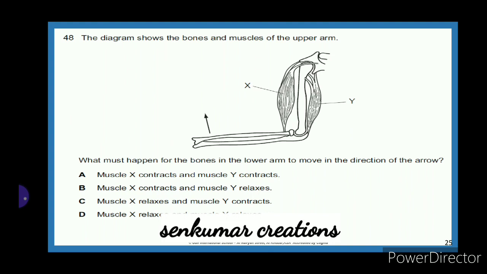Muscle X contracts and muscle Y contracts, muscle X contracts and muscle Y relaxes, muscle X relaxes and Y relaxes. Muscle X contracts, okay, the biceps muscle contracts and the triceps muscle relaxes.